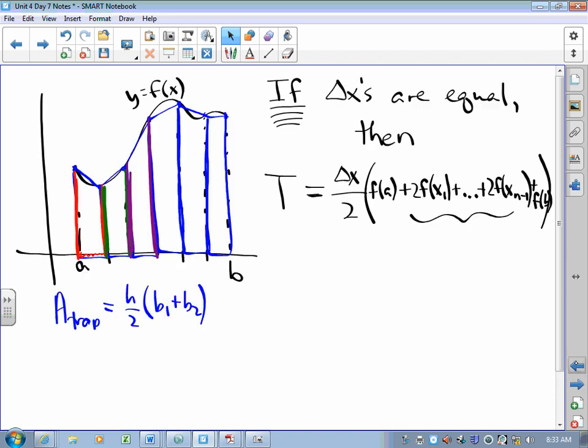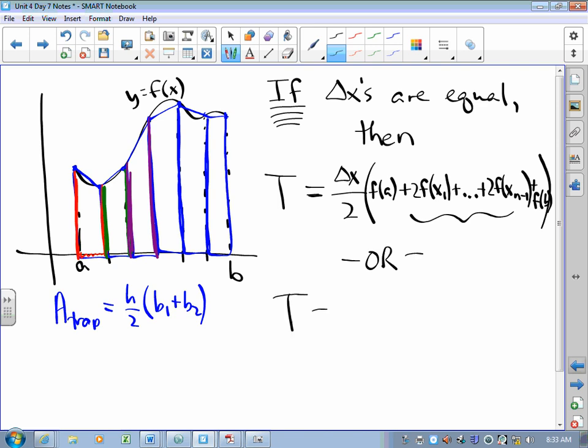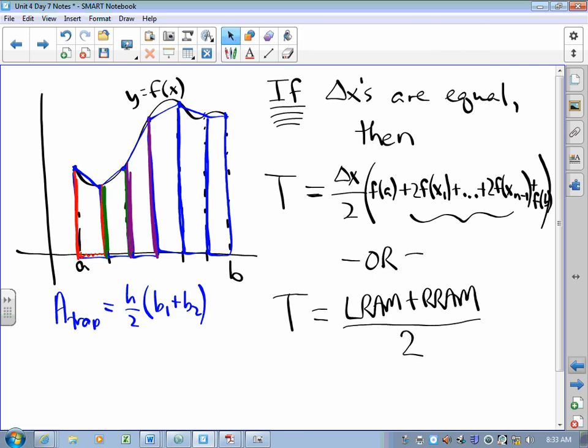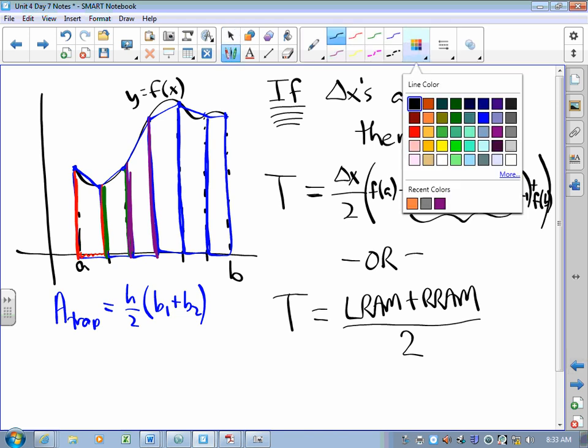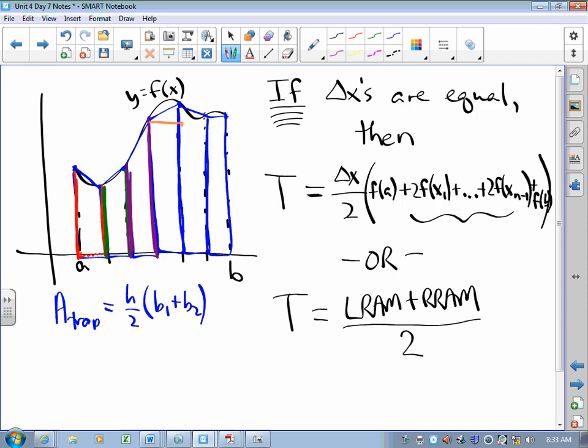Oh, one more thing. If you don't like this formula, and that's totally fine, the trapezoidal approximation is the average of the left endpoint and the right endpoint approximations. And I'll show you why that's true. The left endpoint for a particular rectangle would look something like this.